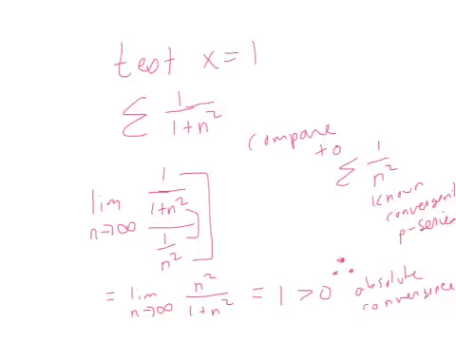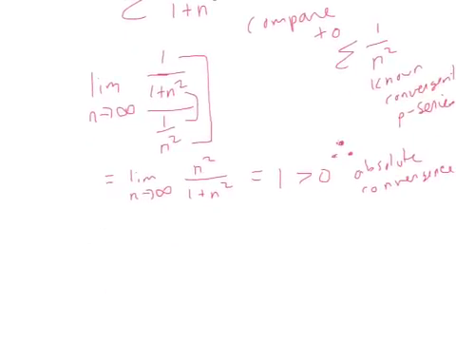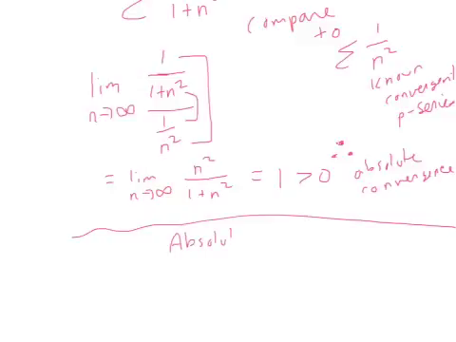All right, so after all that sweat equity, let's summarize. All of that, testing the endpoints, led us to this. So originally, the interval of convergence was -1 to 1. But now, what we've discovered after testing the endpoints, and I want to get you really comfortable with this language, and you'll see it in all the textbooks, is absolute convergence for -1 less than or equal to x, which is less than or equal to 1.